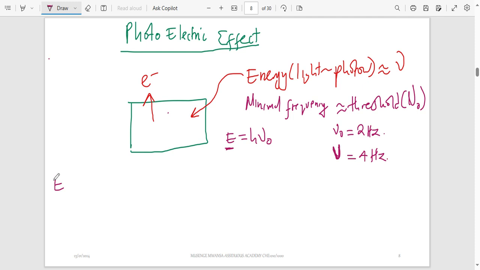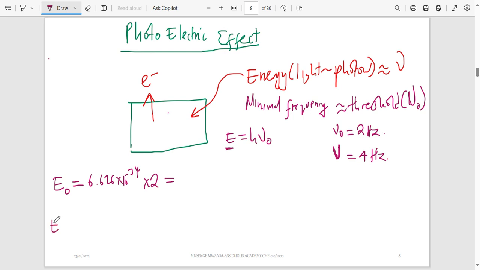So the energy with the threshold frequency is going to be called the threshold energy. That is the smallest energy that you need to project on the metal for electrons to be able to move out. So that will be equal to Planck's constant, which is 6.626 times 10 to the power negative 34, multiplied by 2. We'll get a value there.